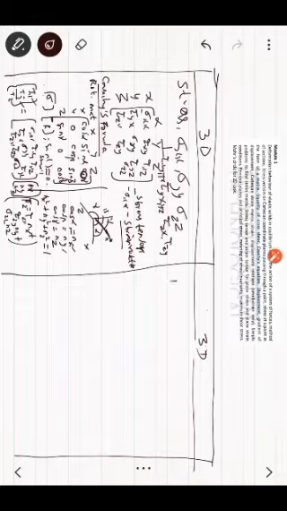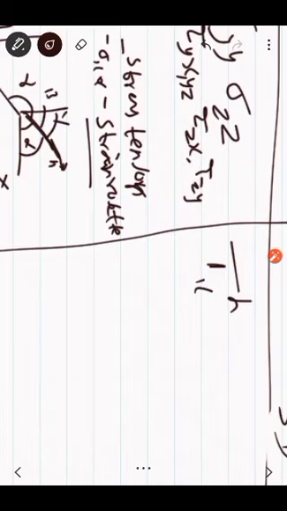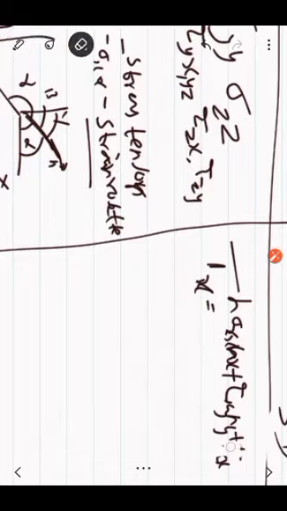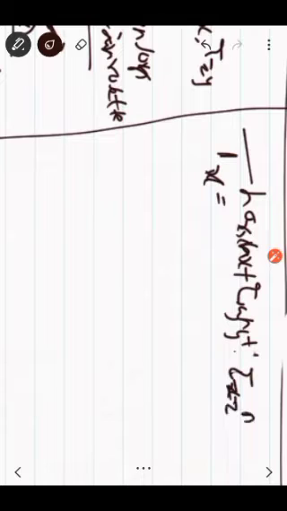So txn means multiply, that's equal to sigma xx nx plus tau xy ny plus tau xz nz.